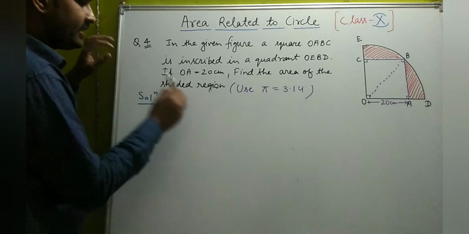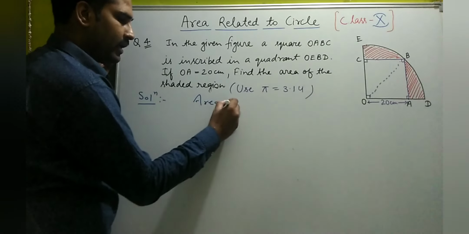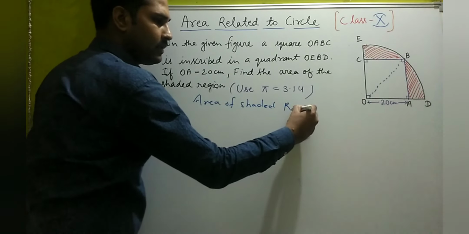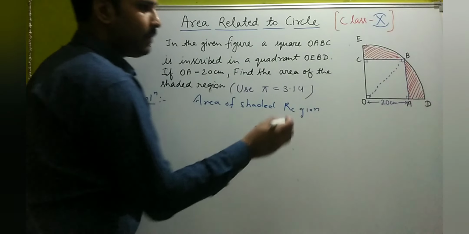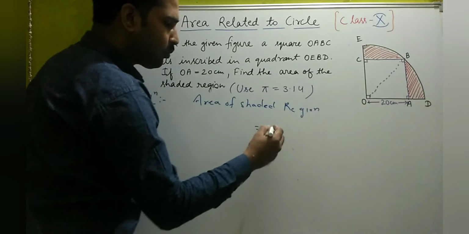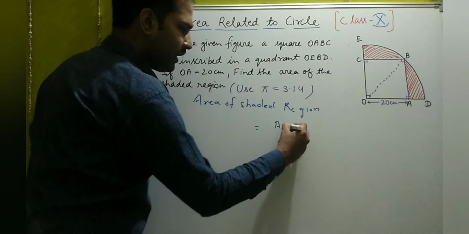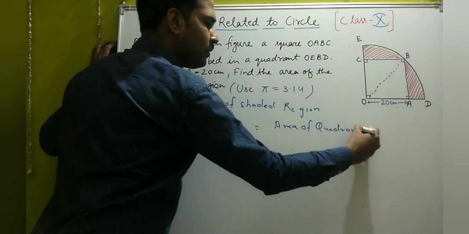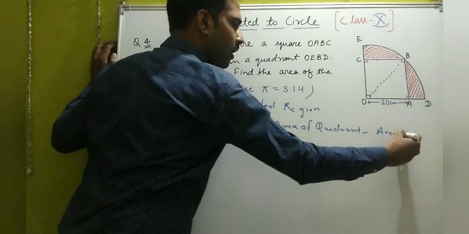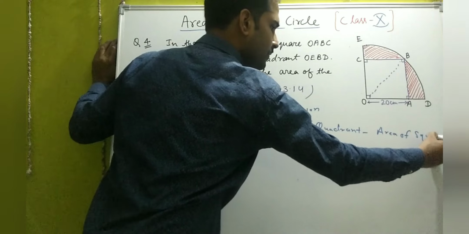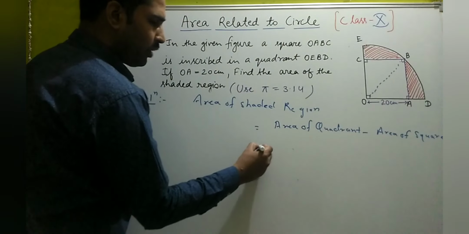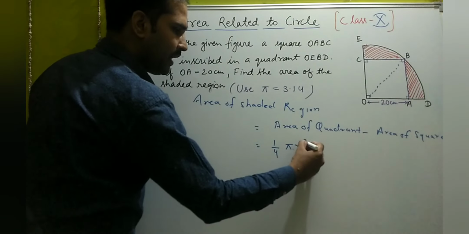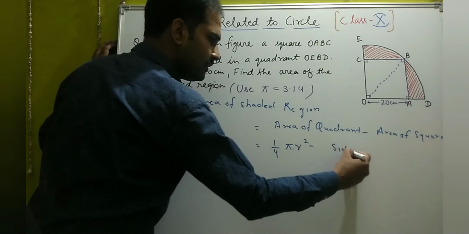Now the area of the shaded region is obtained by subtracting the area of the square from the area of the quadrant. So first of all, the area of the quadrant minus the area of the square. Again, the area of the quadrant is 1 by 4 pi r square minus the area of the square, which is side square.